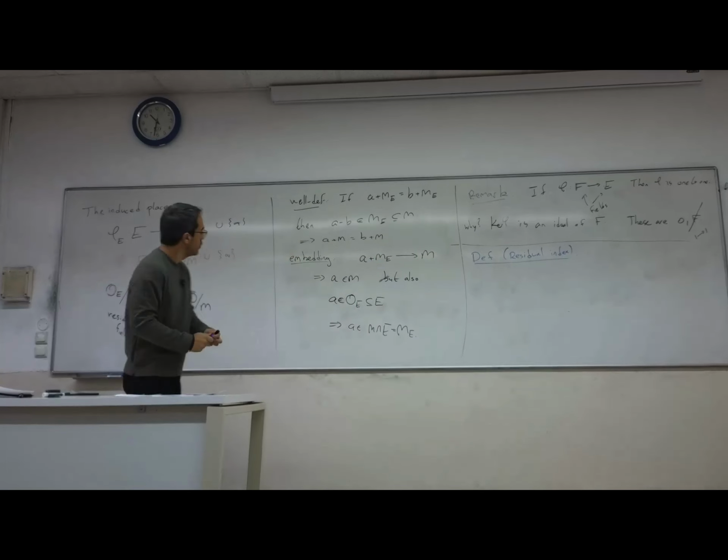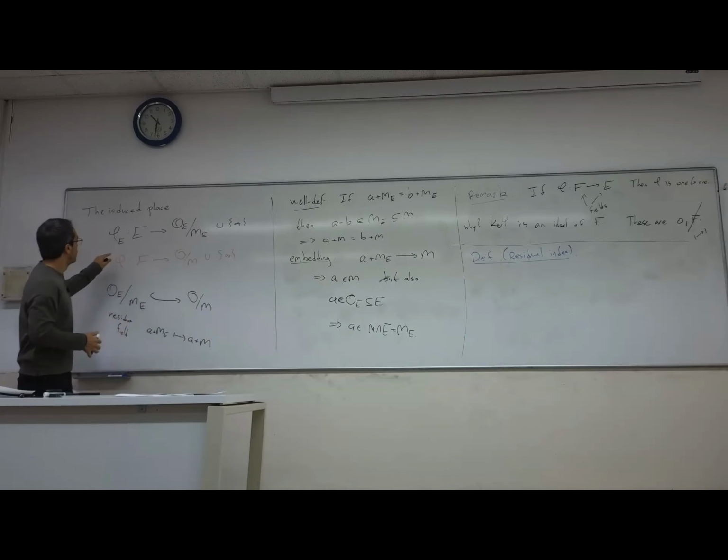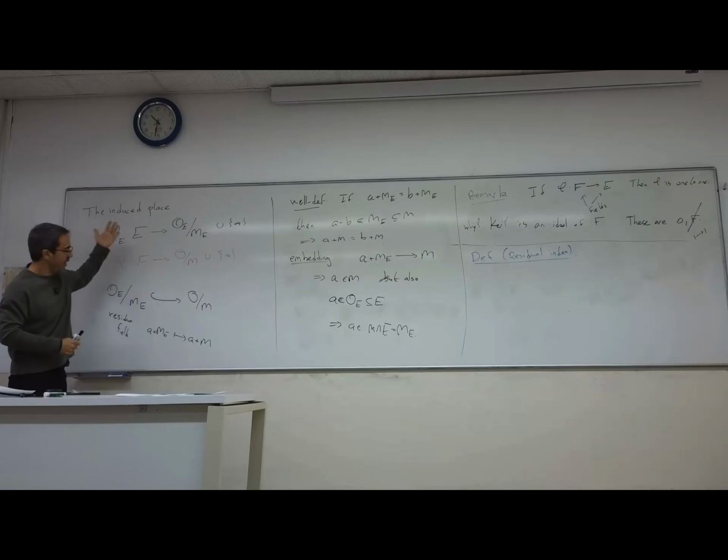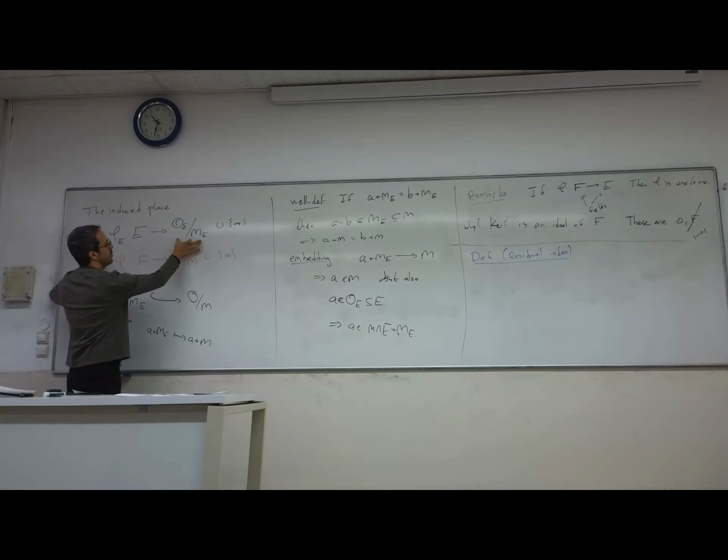So we just proved that if you have a field extension F over E, then you start with an evaluation of F, you can restrict it to an evaluation of E, and then you can see what happens to the places. You have phi and phi of E. So this is phi, this is phi of E, and we just proved that this is a subfield of that. So the index that I'm referring to is the index of this as a subfield of that field.